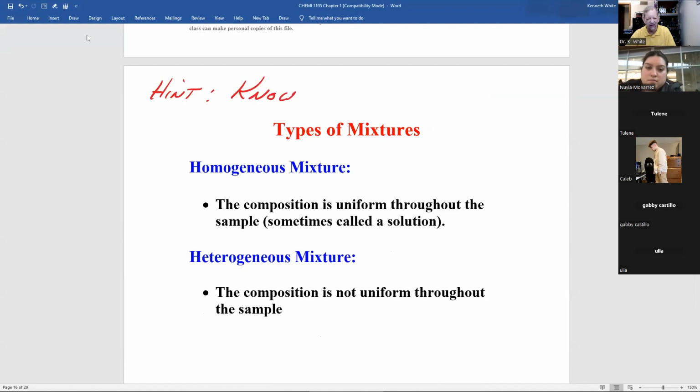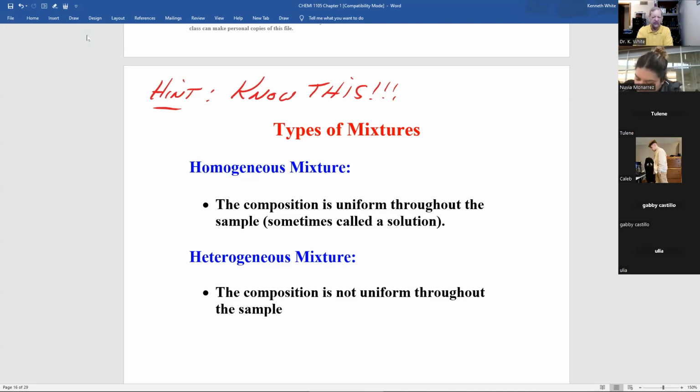Know this. The two types of mixtures are homogeneous mixture and heterogeneous mixture.